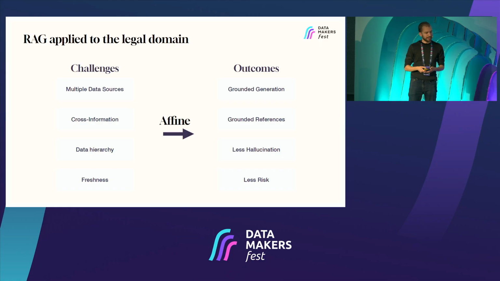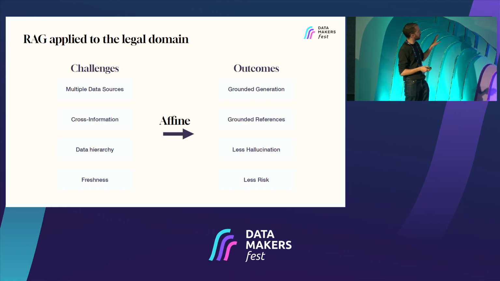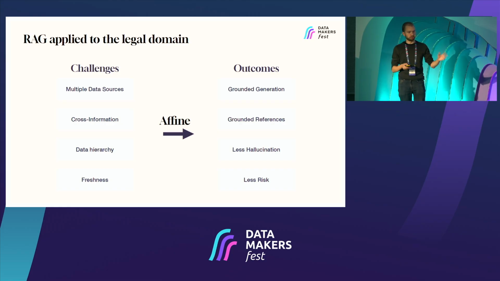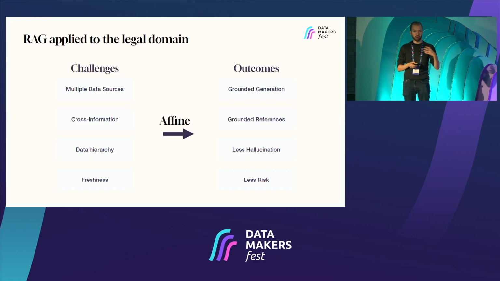Then we have mentions from one document to another. For example, court rules most of the time mention laws, and we want to keep that link when developing such systems, so we want the ability to have cross-information.